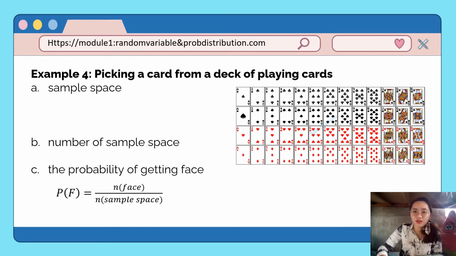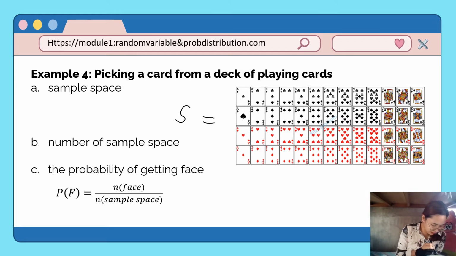Ace of clover, 2 of clover, and etc. Hindi na natin siya isusulat kasi napakarami, kaya turo na lang natin. Ang sample space is lahat yan.